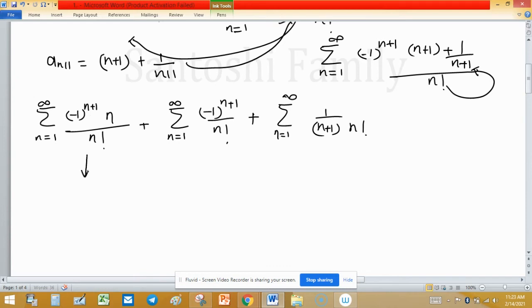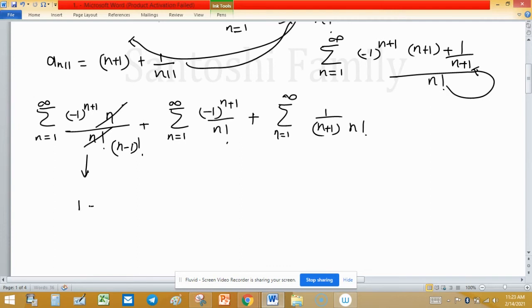For this, you can cancel out this n, and it will become n minus 1 factorial. Now put the value of n. When n equal to 1, then 0 factorial is also 1.